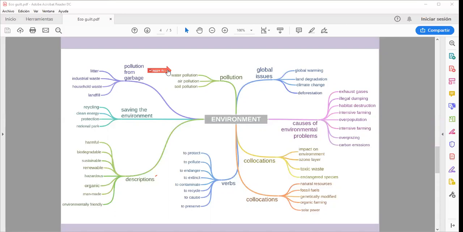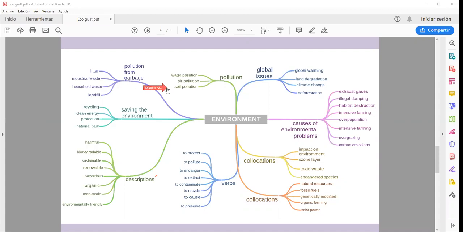And what's your opinion? What happens? Is it because of people? So do people cause that pollution? Let's write, please, in the chat, okay? Your opinion about water pollution, air pollution, and soil pollution.